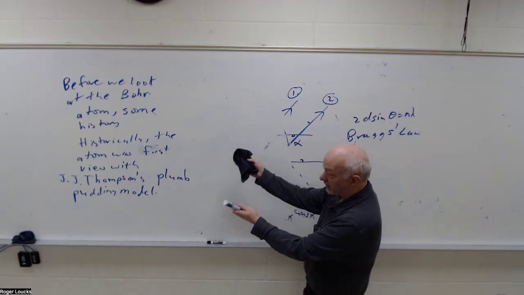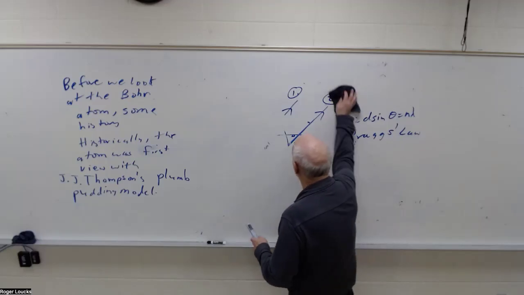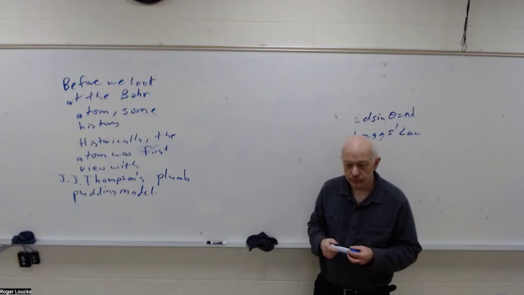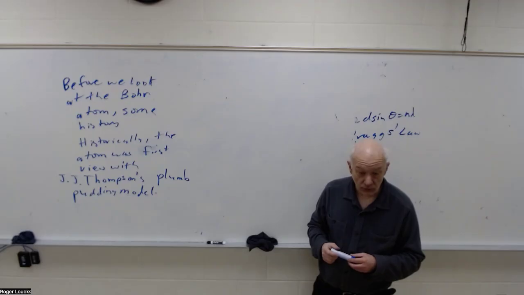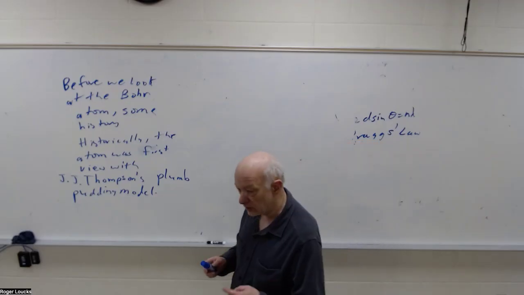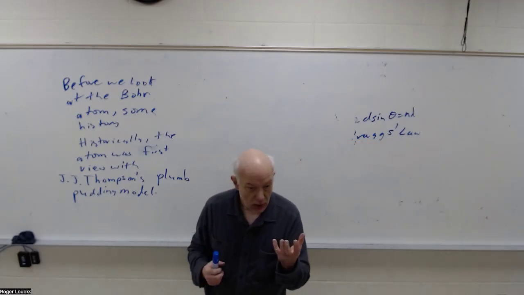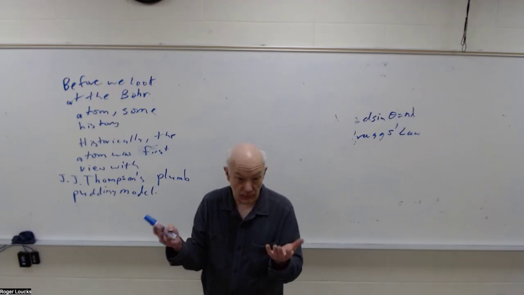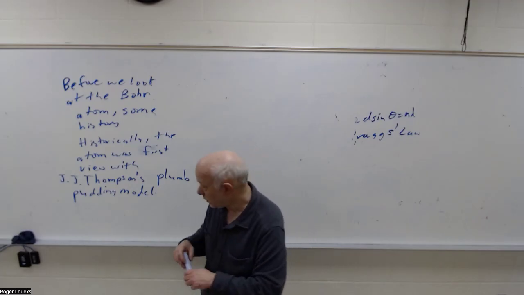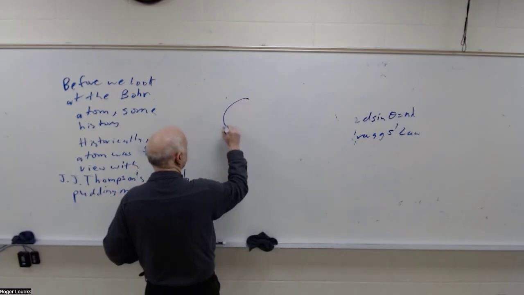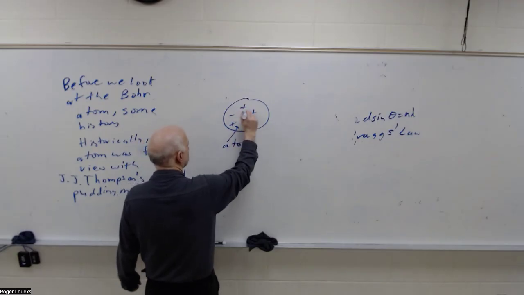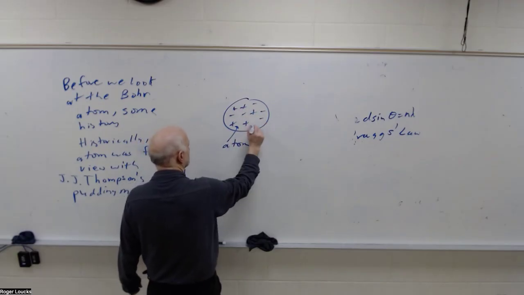So already the fact that they had atoms was novel enough. Now, what is the plum pudding model? Isn't that just where the parts of the atoms were spread out? Yeah. Basically, people knew that electrons existed and protons existed, and they make up the atom. So the question is, where are the electrons? Where are the protons? Thomson basically made a plum pudding model out of it. He put them everywhere, with positive and negative charges spread throughout.